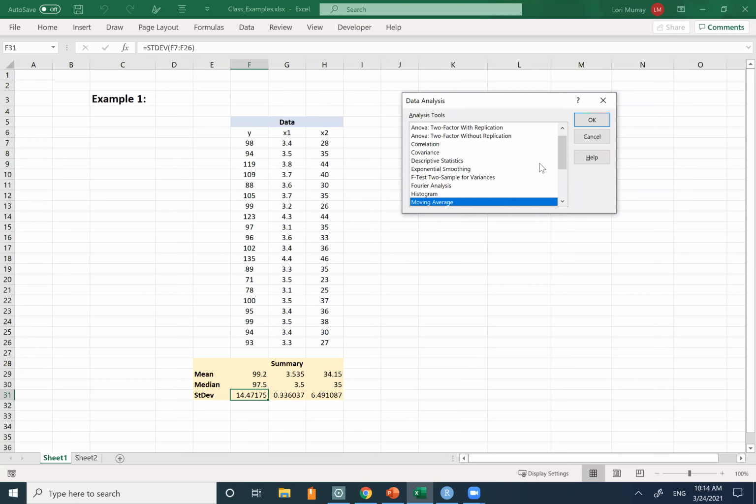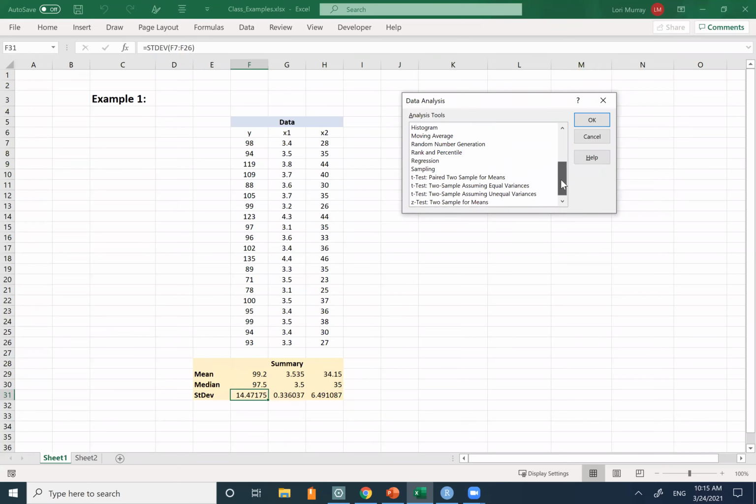We have the ANOVA, the ANOVA single factor that we looked at. You can get correlation, descriptive statistics. That's what these are down here. You know, the F test for two sample variances, histogram. You can make a histogram for each of the variables separately.